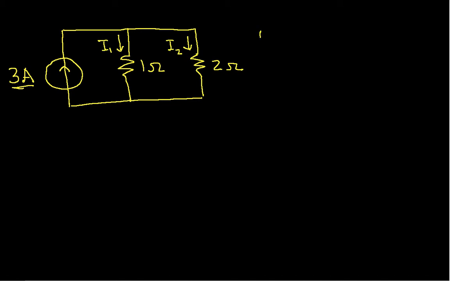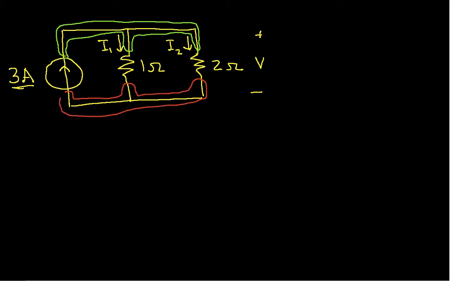To do that analysis, we label the 2 nodes voltage, which we don't know yet, as V. Just to remind you, this whole thing is 1 node. This whole thing is 1 node.